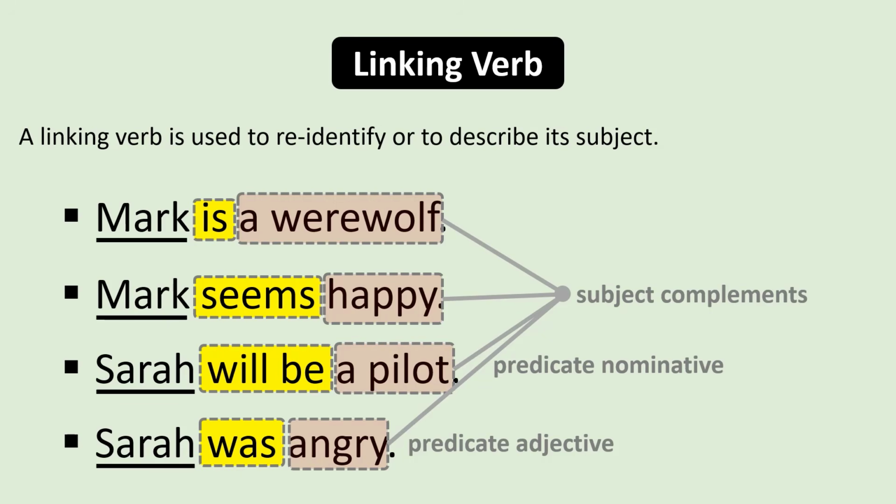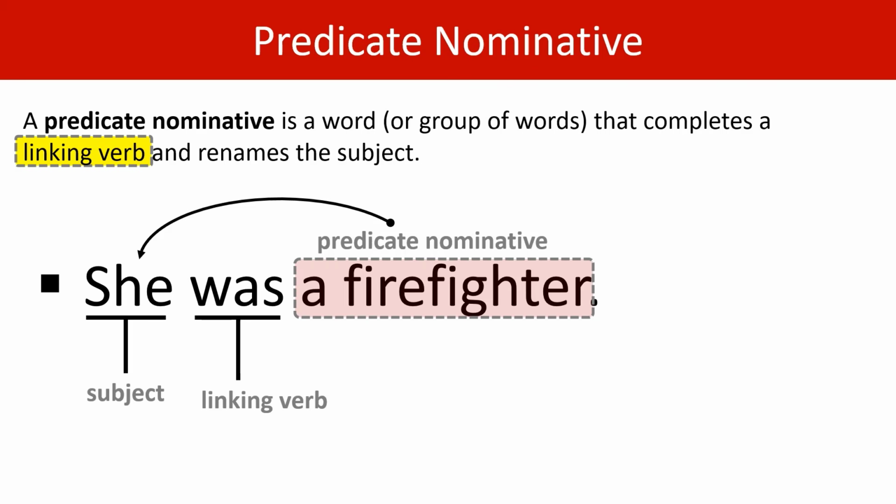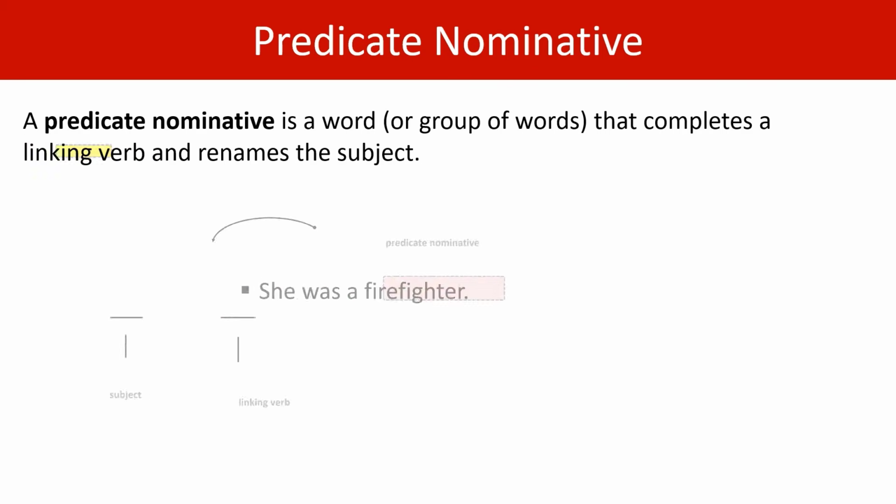That was about linking verbs, but we spoke a lot about predicate nominatives, predicate adjectives, and subject complements. And that's no coincidence, because they are required to complete a linking verb, so it makes sense that we're going to talk about them in the context of linking verbs. Okay, let's clear that.